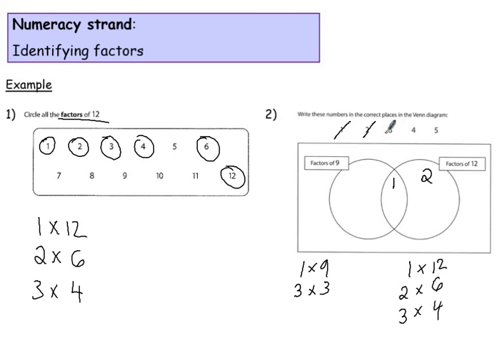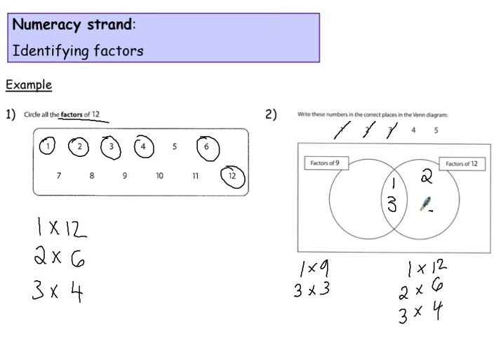We have the number 3. Is the number 3 a factor of 9? Yes, it is. Is it a factor of 12? Yes, it is. So again, that will go in the middle here. The next number is 4. 4 is not a factor of 9, but 4 is a factor of 12.